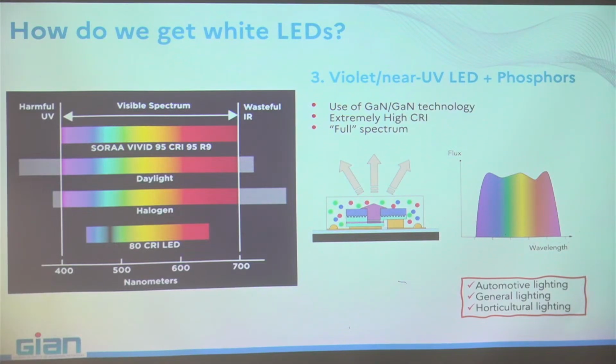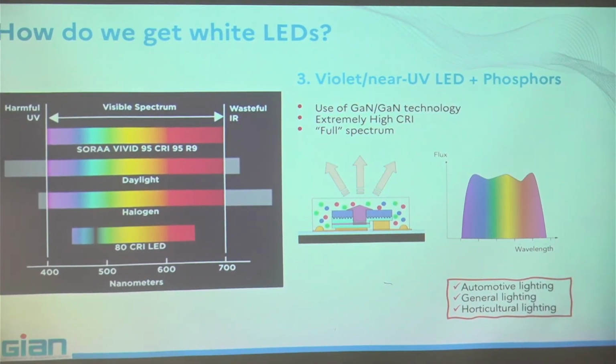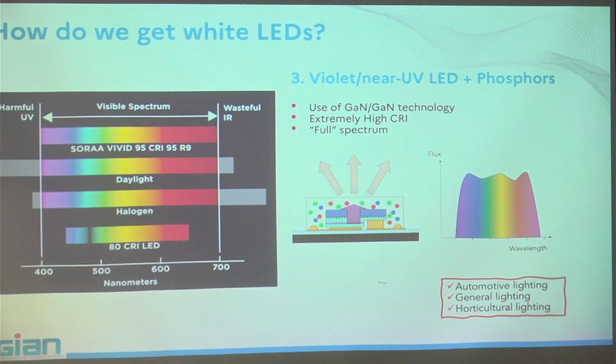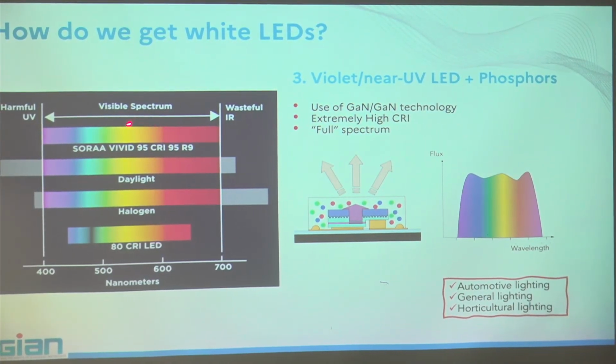The third way to get white light is what Nakamura is suggesting now. Nakamura is 70 years old, but he is still active. He is a professor at UCLA, in California, no, Santa Barbara, sorry. And he has his own company, Soraa, and this is the concept that they try to use today.